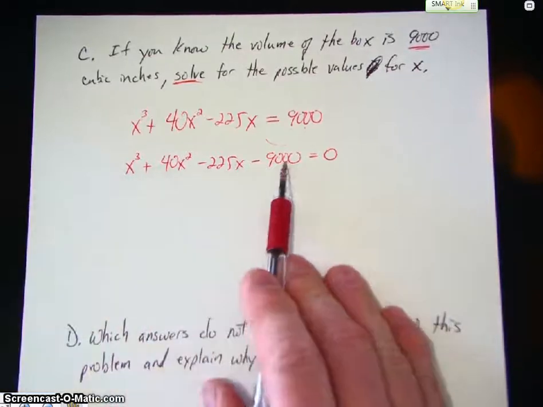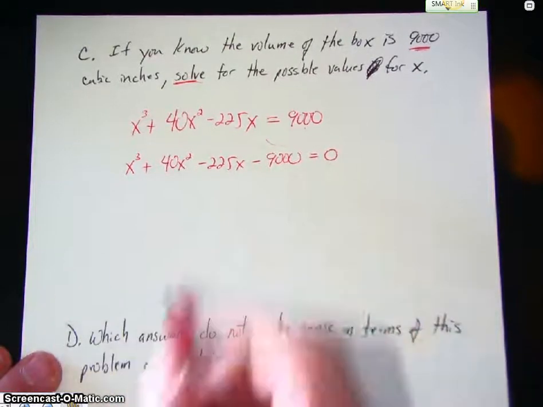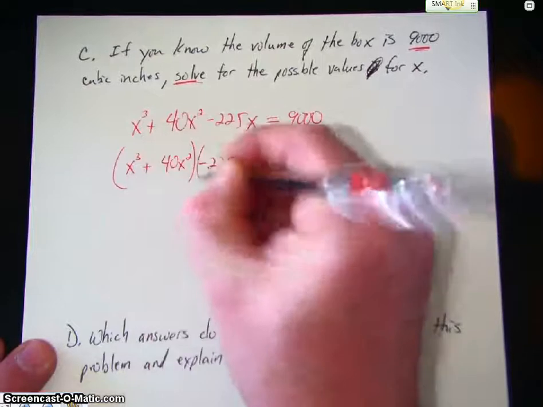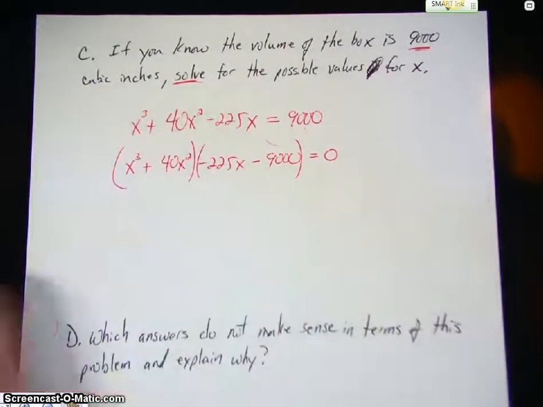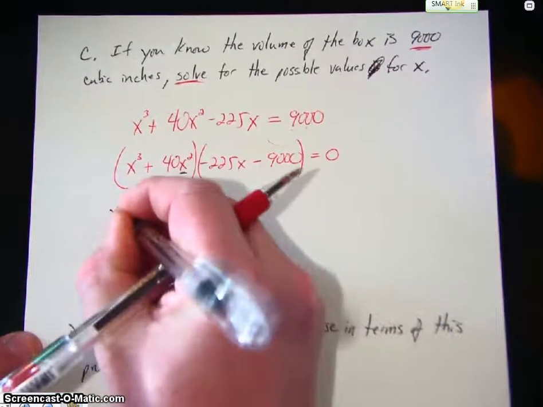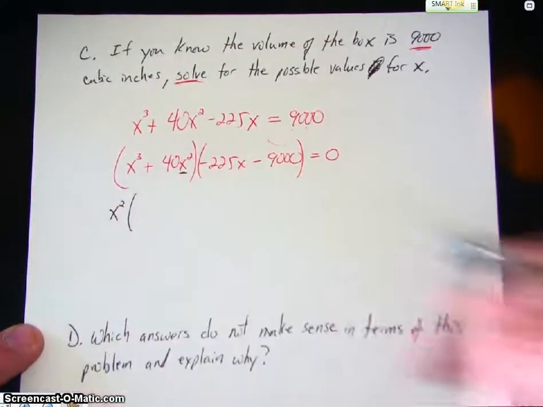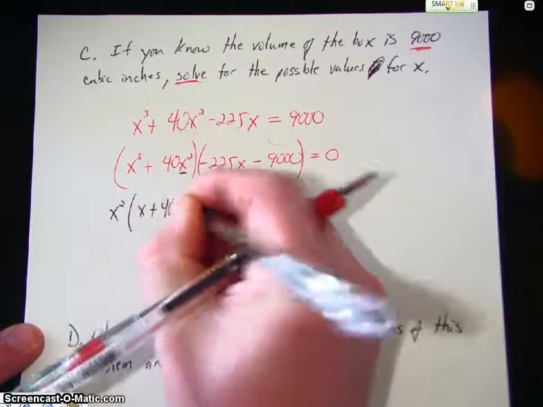Now I have 4 terms. Since I have 4 terms, the only way I can solve this is by grouping. So I'm going to group these. So in this first group, I can factor out an x squared. So now I get x plus 40.